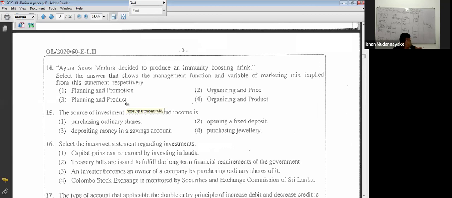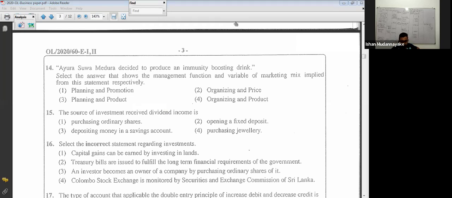Now here, select the answer. Management function. What's the answer? Yes, third one is answer.